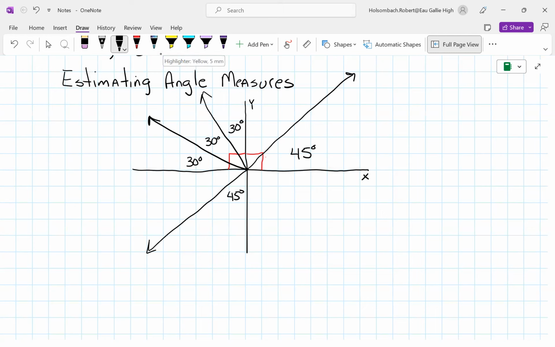So just by using the coordinate plane, dividing quadrant 1 in half, we get two 45-degree angles. Taking quadrant 2 and dividing it by 3, we get three 30-degree angles.